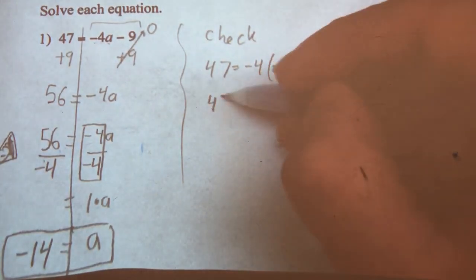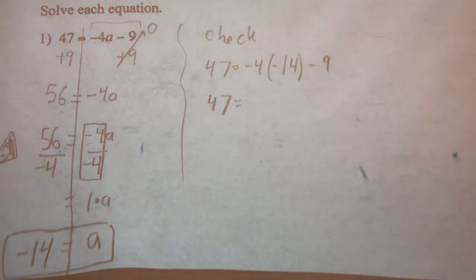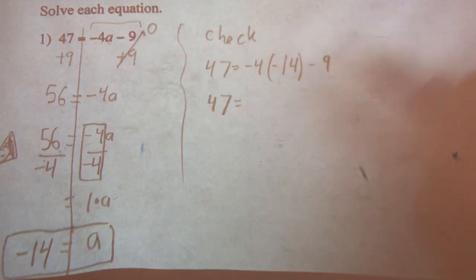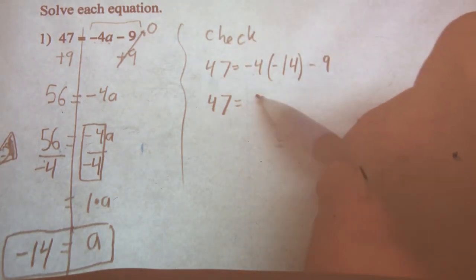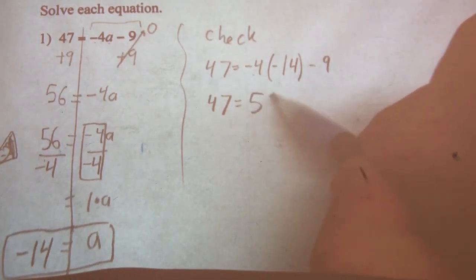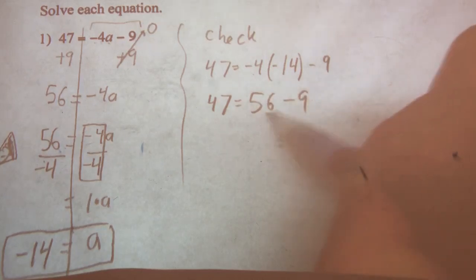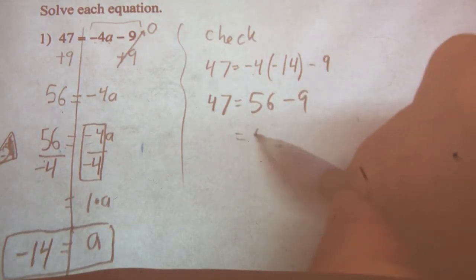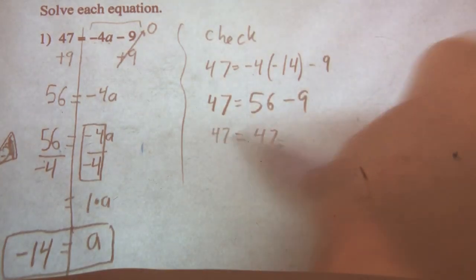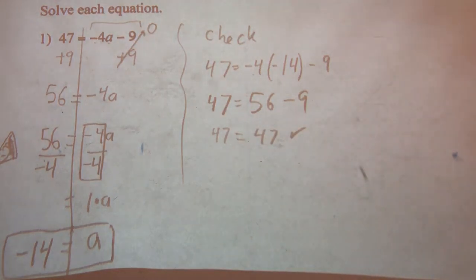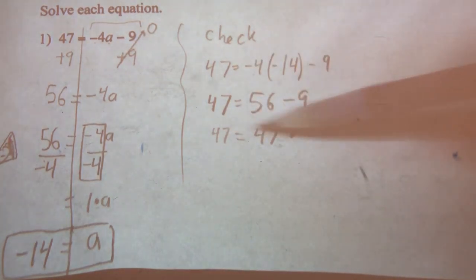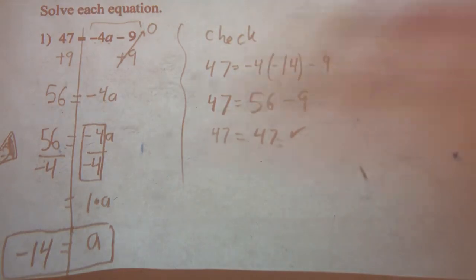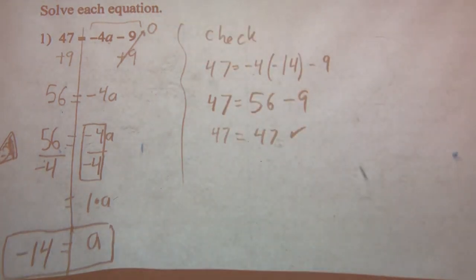And then we just do these calculations. -4 times -14, negative times negative is positive. Gives us positive 56. And 56 minus 9 is 47. So we can see that we have the same value on both sides of the equal sign. So this solution made this equation true.